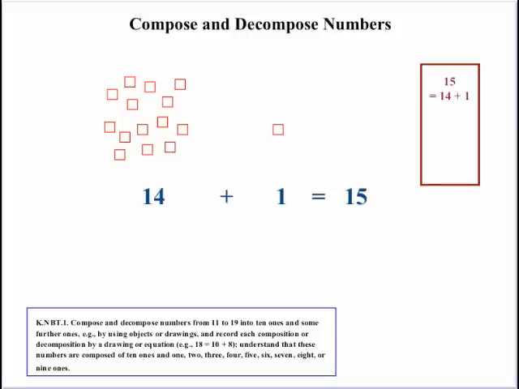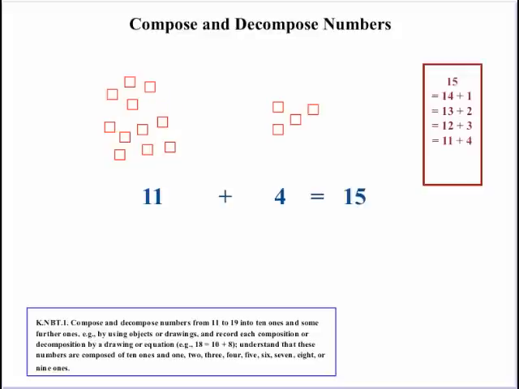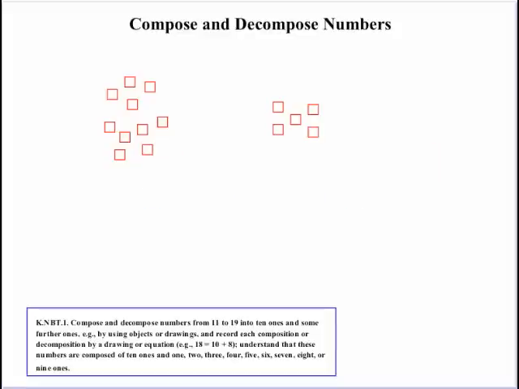So our first step in getting to that final destination would be to do this. But notice where we are: I've broken this up to 14 plus 1 to be 15. And then if we move one more, we're here at 13 plus 2. We move one more, we're here at 12 plus 3. One more, and we are at 11 plus 4 equals 15.